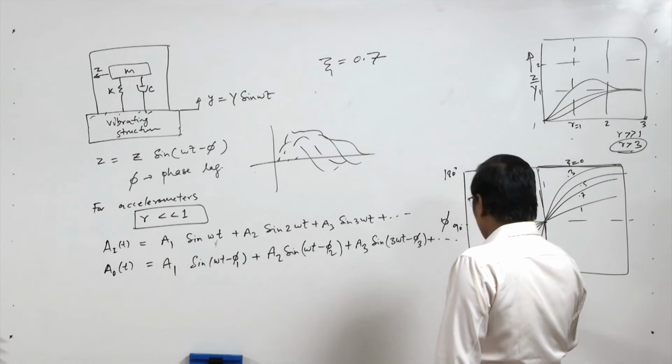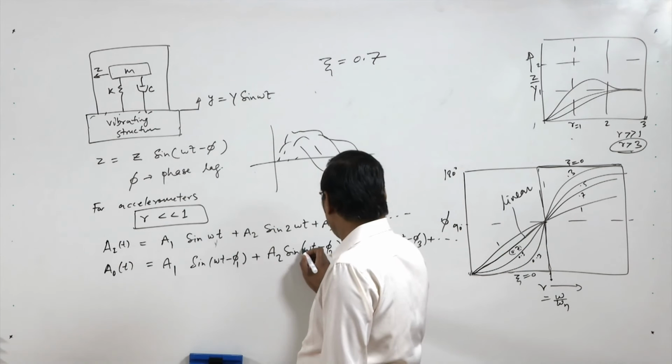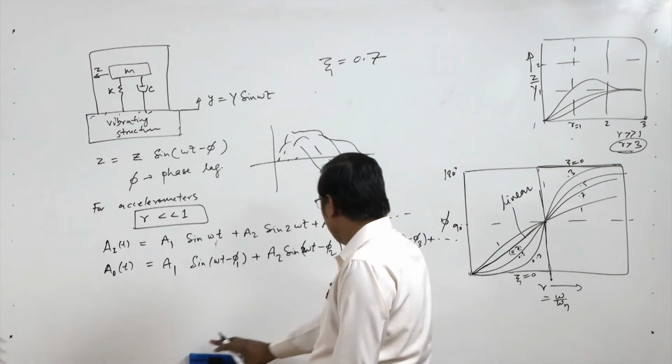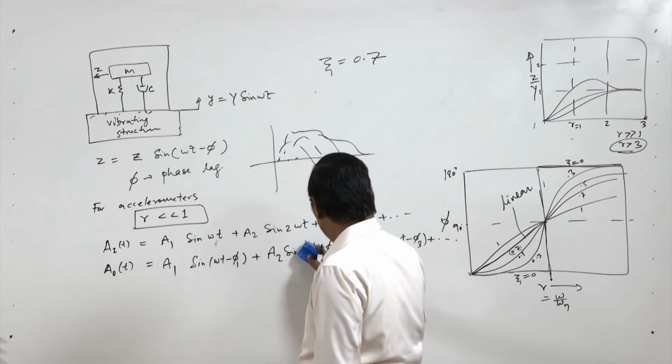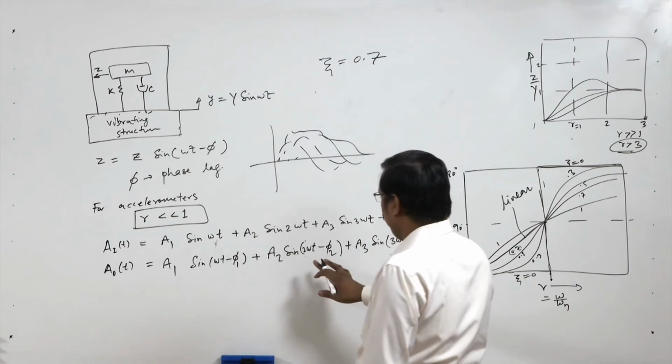So for the input components, it is sine omega t, sine 2 omega t and sine 3 omega t.